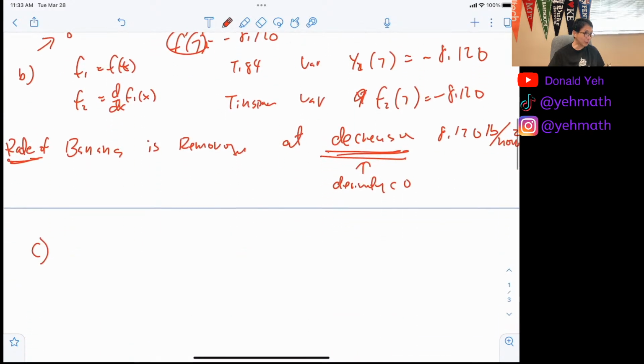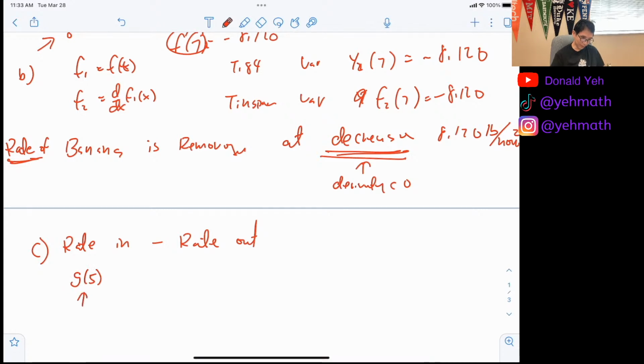So we compare the rate of bananas removing. But at the same time, we have to pay attention to rate in minus rate out. The rate in was G of 5. Does that make sense?